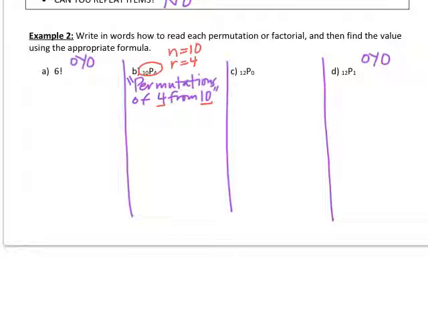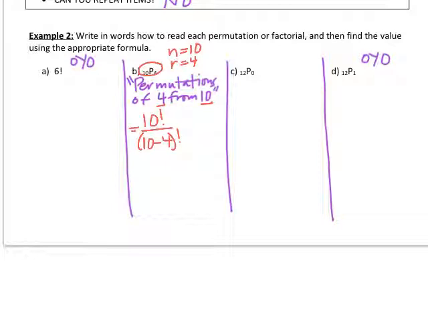They have to be in a specific order, going from left to right or up to down or whatever situation it is. But we also can write this out in a factorial form, and remember the formula is n factorial over n minus r factorial.